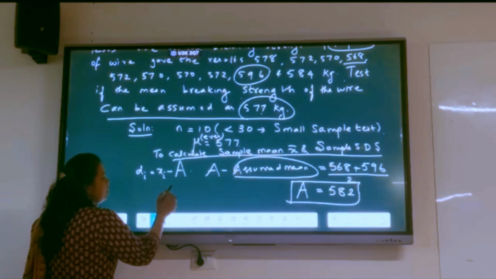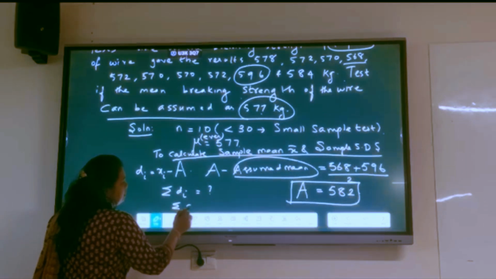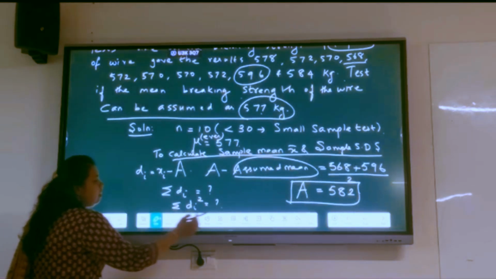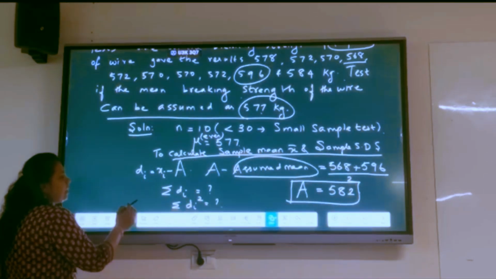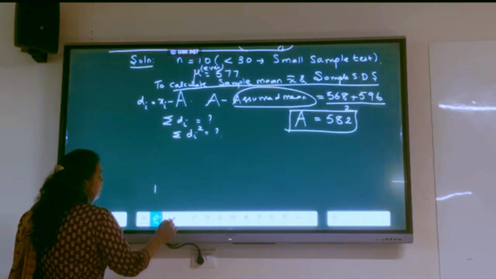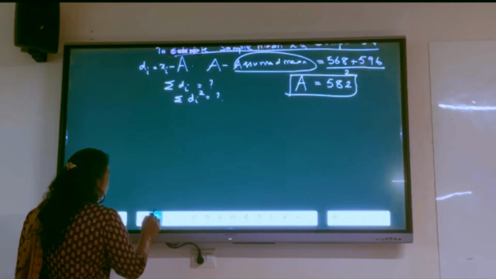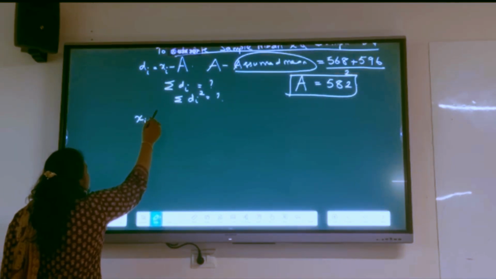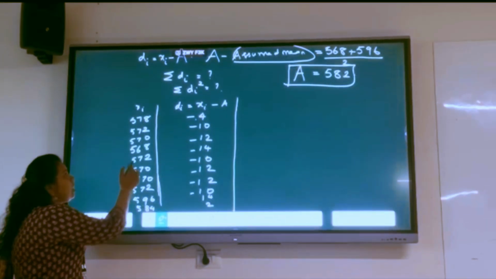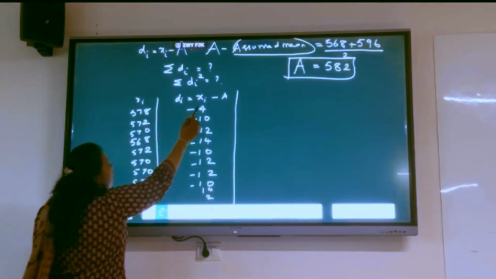Now we are going to calculate summation di and summation di square. So write all the values one by one for the 10 pieces of wire, neatly. Now write all the 10 values here and calculate one by one.